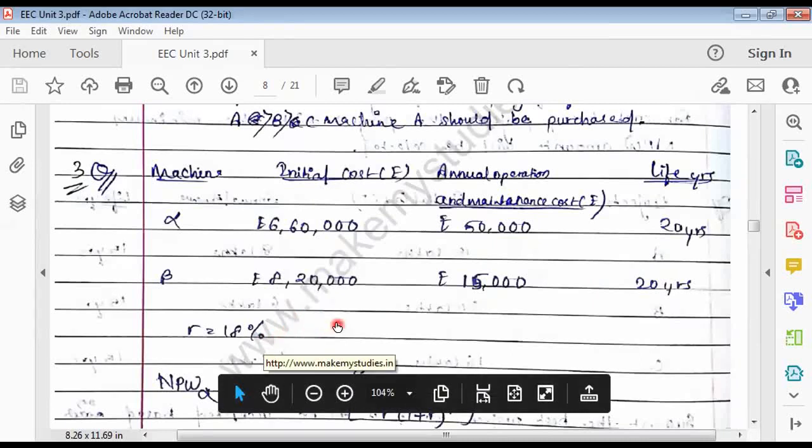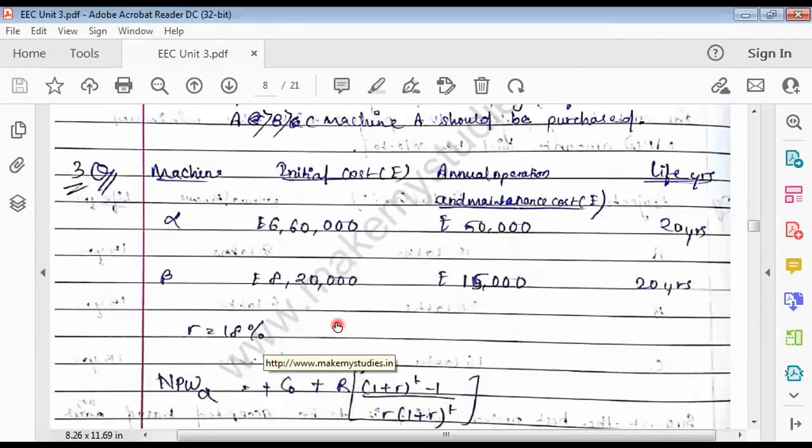We have already discussed, just to remind you, this is a cost-based question. This is a cost-dominated question for the simple reason that there is no revenue component in it. There is no income or earning of the producer or company here.